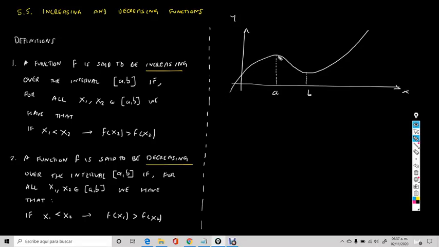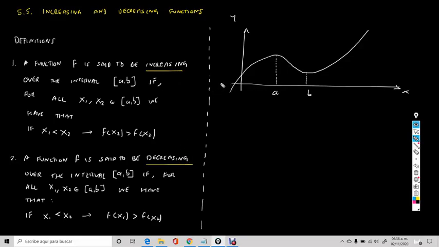And then from A to B, when you move from left to right in the x-axis, the function is decreasing, okay? It's being less and less and less, or the roller coaster is going downhill, like so. And then once again, from B to plus infinity, we can see that the roller coaster is one more time going uphill, or the function is increasing. And that's all, intuitively speaking and conceptually speaking, that's all that these words mean, increasing and decreasing.